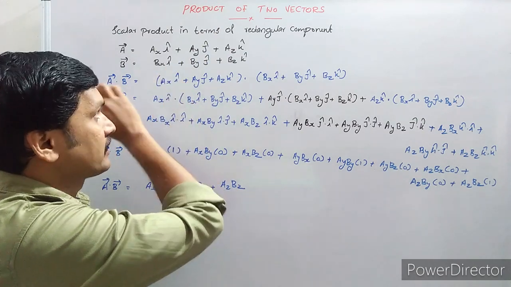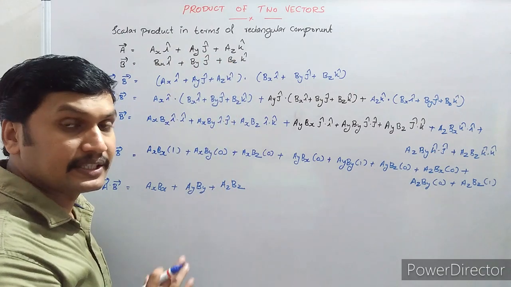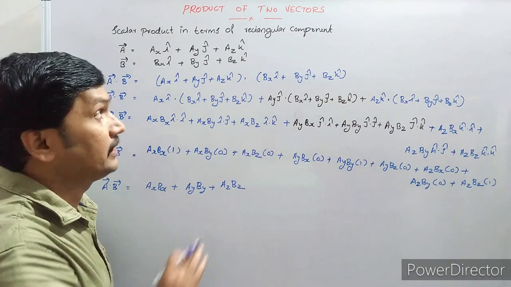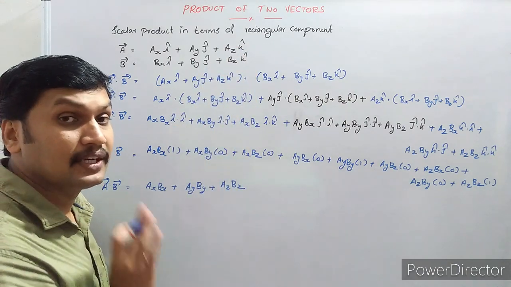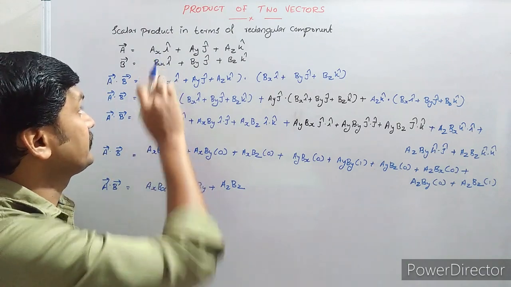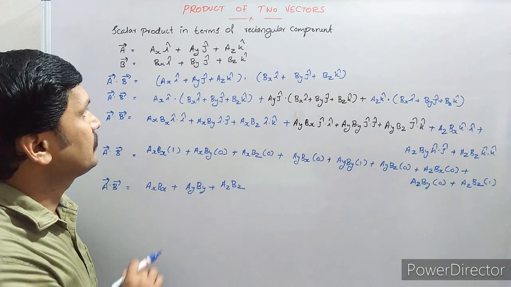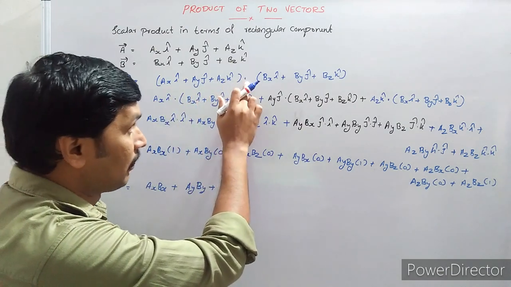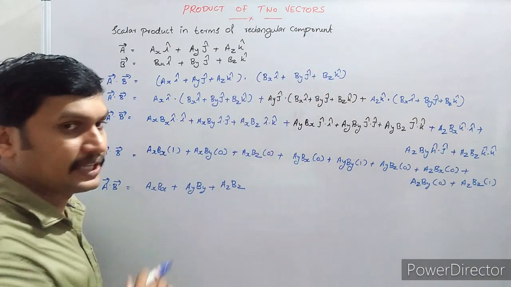BxI is the x component, ByJ the y component and BzK the z component. Let us find how to take the dot product between these two vectors. For that, A dot B is equal to AxI plus AyJ plus AzK dot BxI plus ByJ plus BzK.